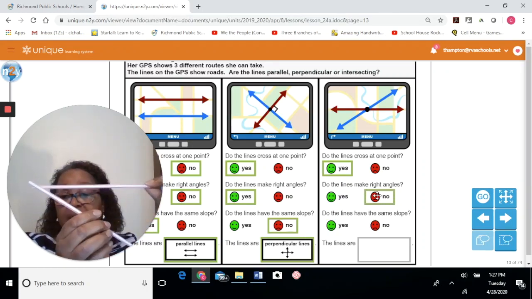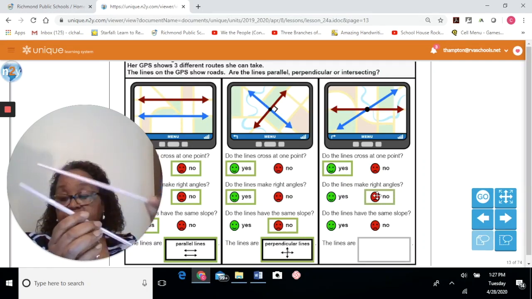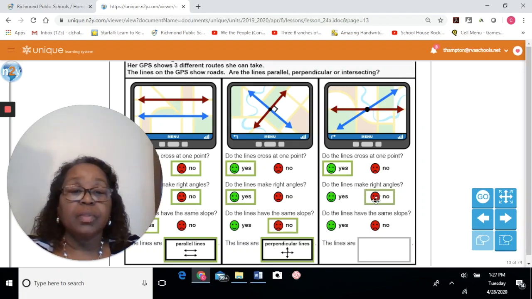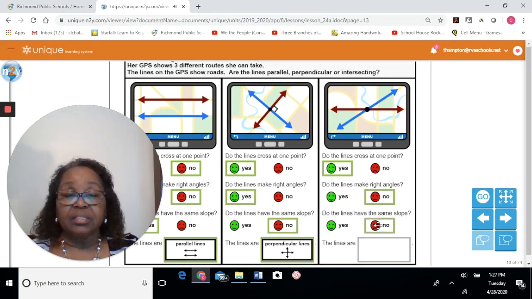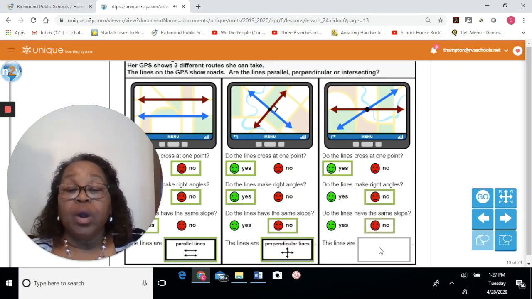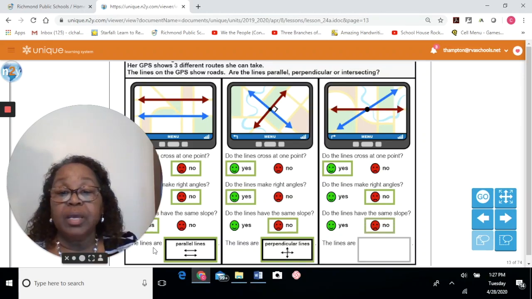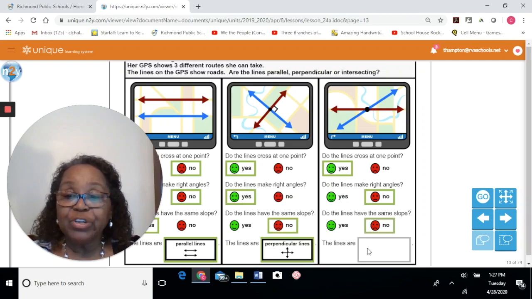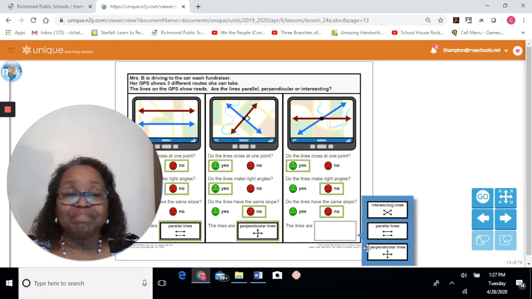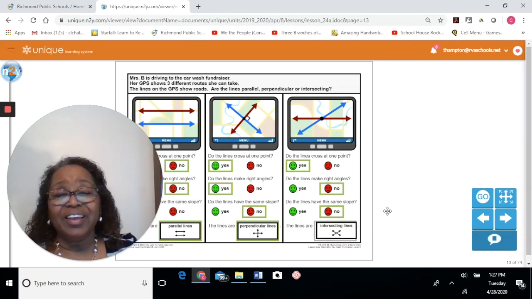Okay? Do these lines have the same slope? No. Excellent. So these lines are what? We have parallel, perpendicular. What are we going to call these lines? They're intersecting. Very nice.